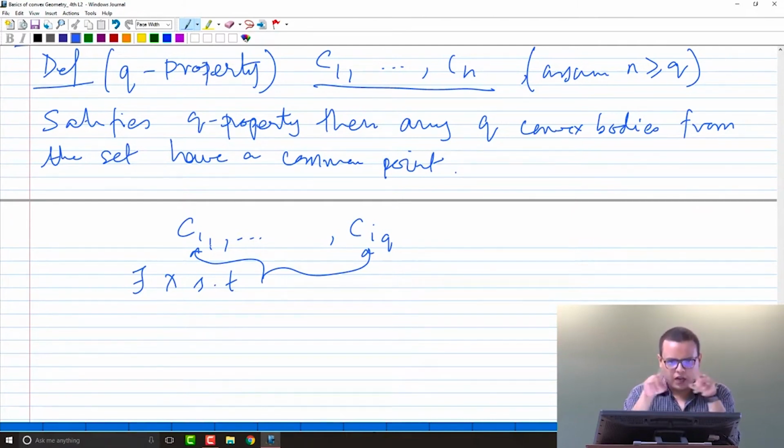You have a collection of n convex bodies, assume n is greater than or equal to d plus 1, these convex bodies are in R^d. This set satisfies a particular property, the d plus 1 property. What does that mean? If I take d plus 1 convex bodies from this set, they have a non-empty intersection. Take any d plus 1, it will have a non-empty intersection.